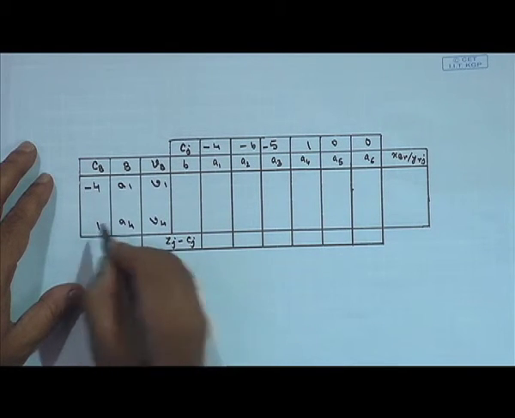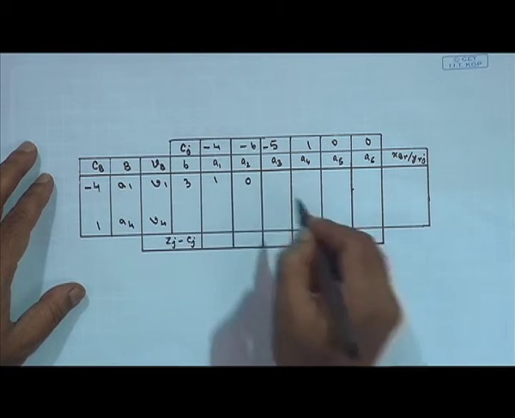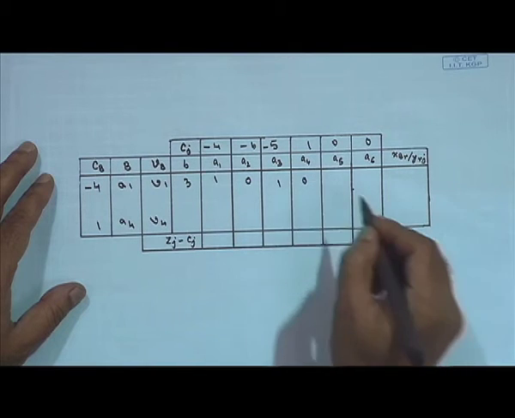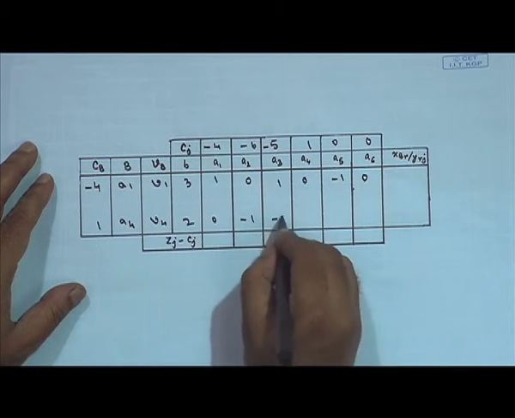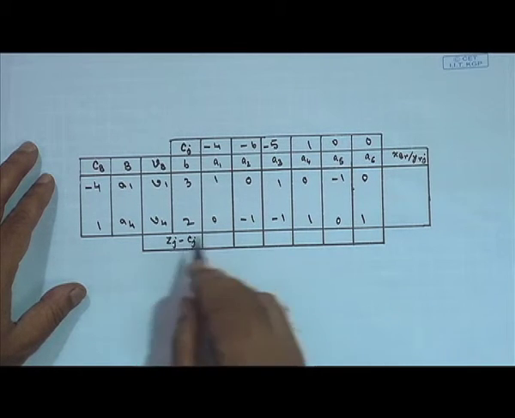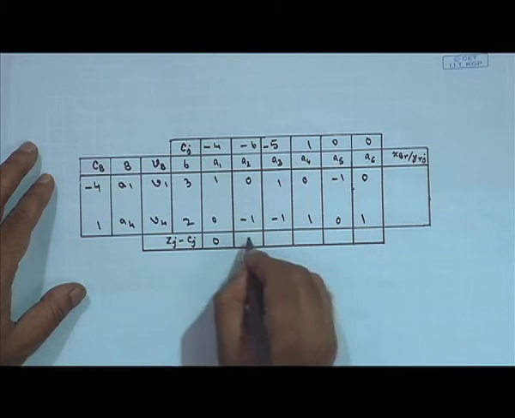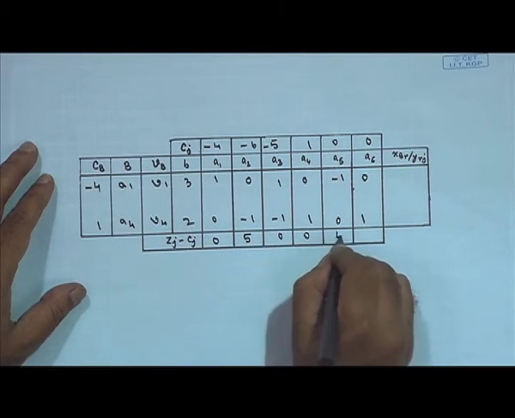This is minus 4, this is 1. So it will remain the same: 3 1 0 1 0 minus 1 0, and this will be 2 0 minus 1 1 0 and 1. If you calculate the Zj minus Cj values now, it is 0 5 0 0 4 1.